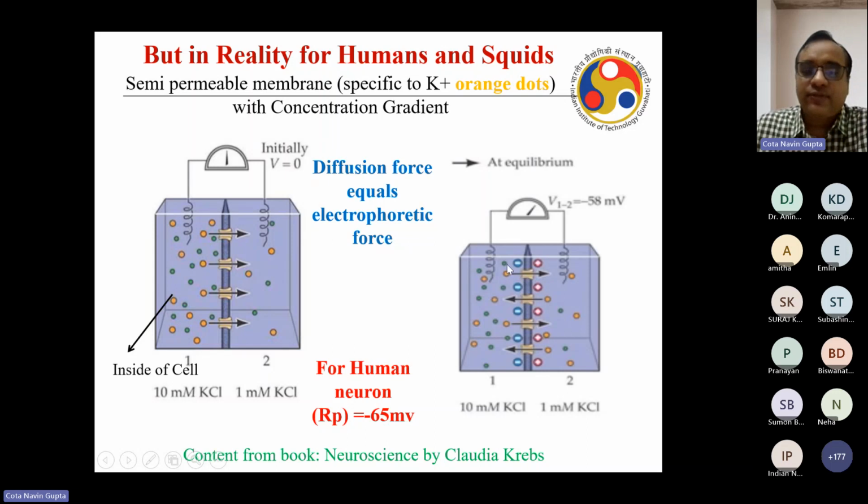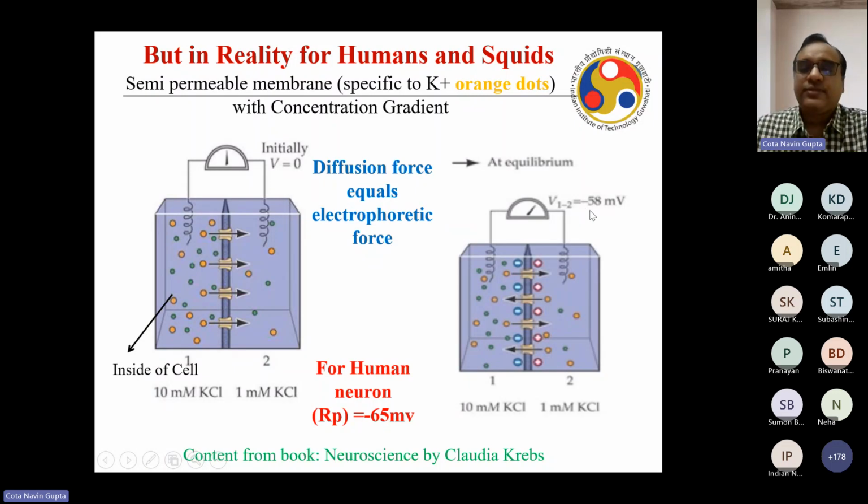The diffusion force creates the electric field, and because of the electric field, there are movements of your potassium ions to the inside. So there's a potential at which the diffusion force equals your electrophoretic force, and that is called the resting potential.